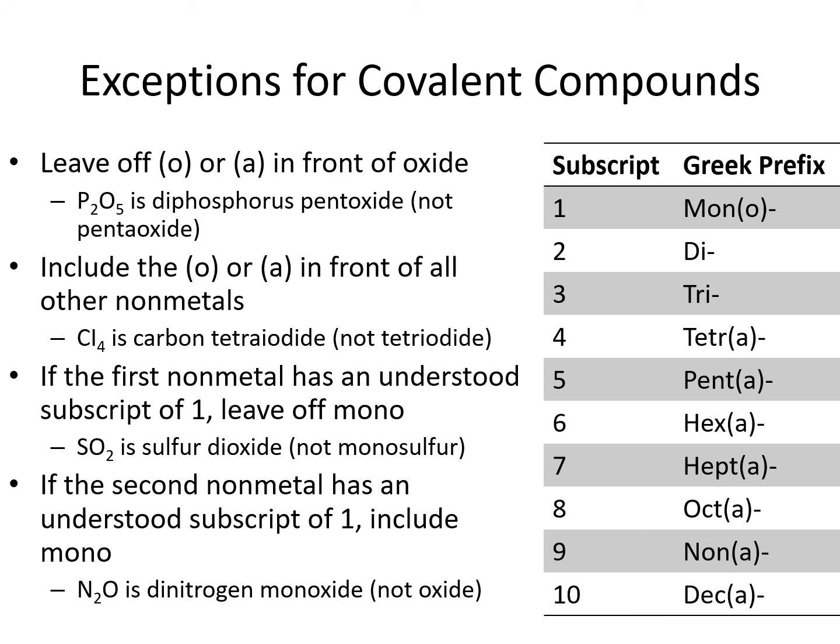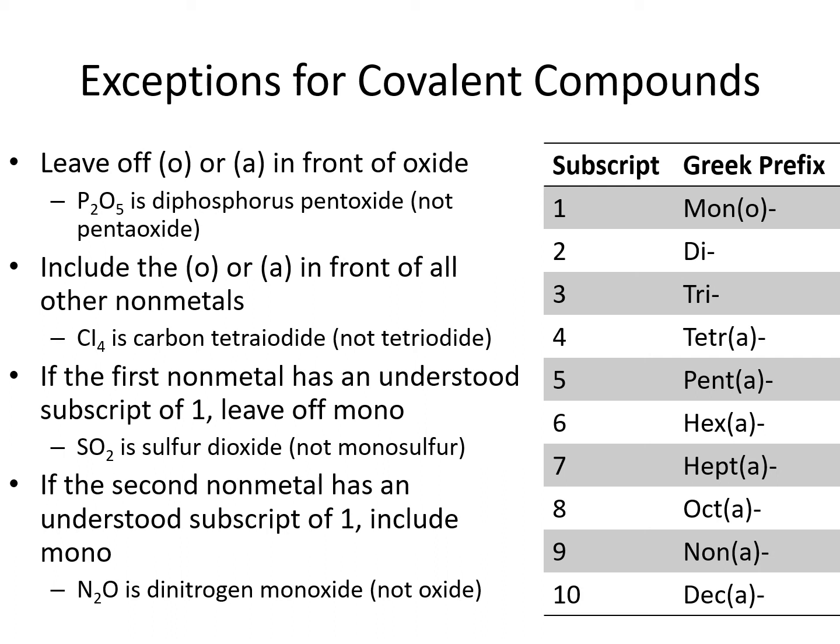We have two exceptions to how we use the Greek prefixes. First, if the second nonmetal is oxygen, we leave off the O or the A from the prefix in front of oxide. For example, P2O5 is diphosphorus pentoxide, not diphosphorus pentaoxide.